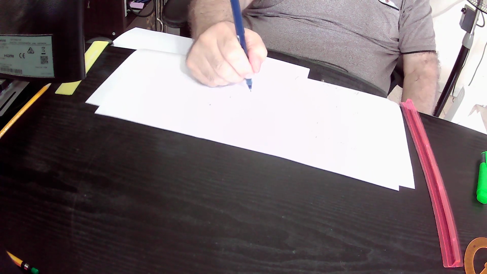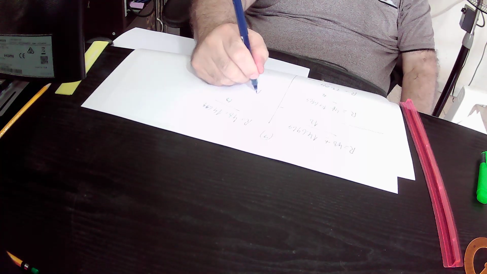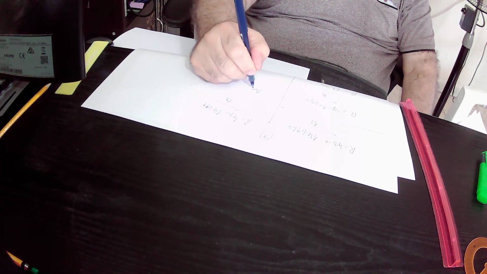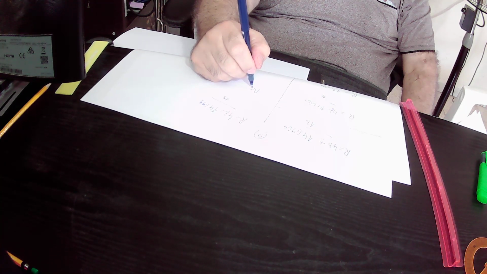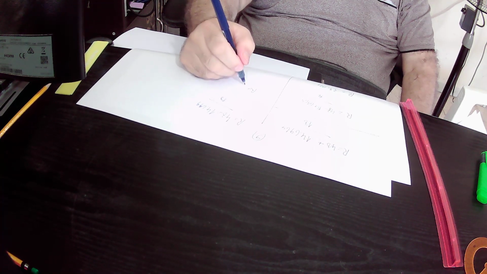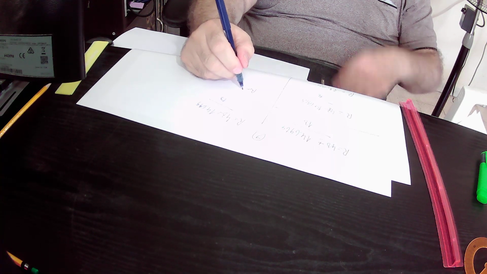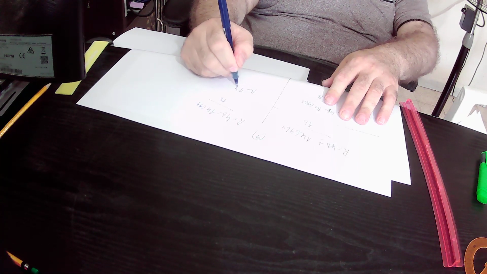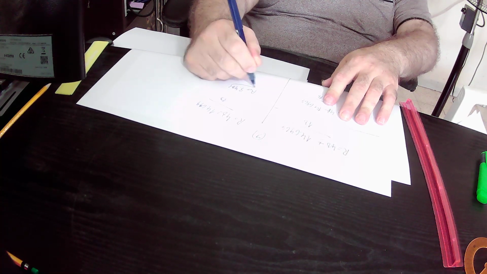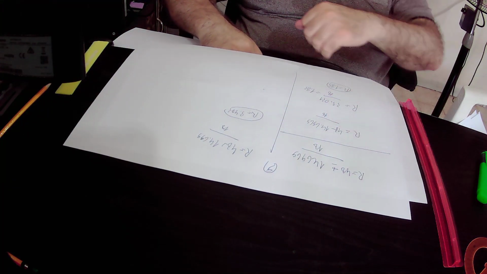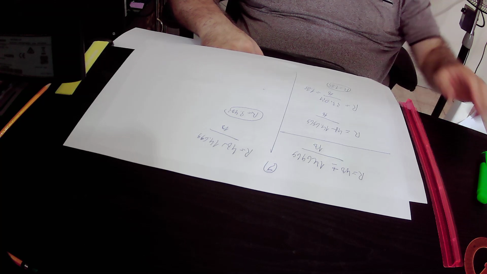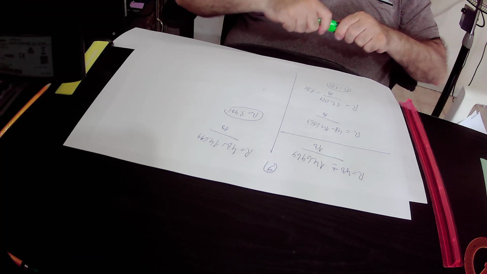Here we get that the radius of the circle is equal to 3.48 units. Okay. So we are finished with the question.